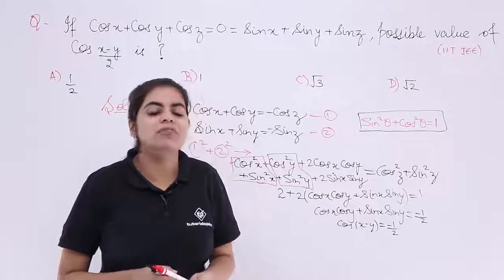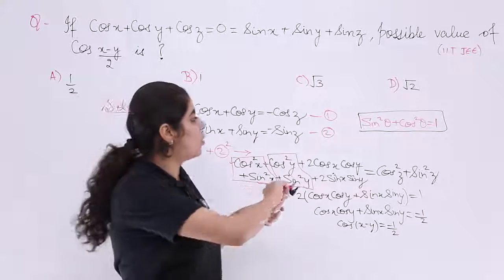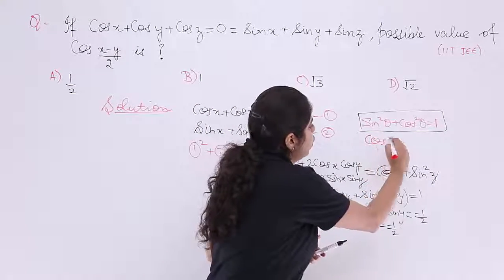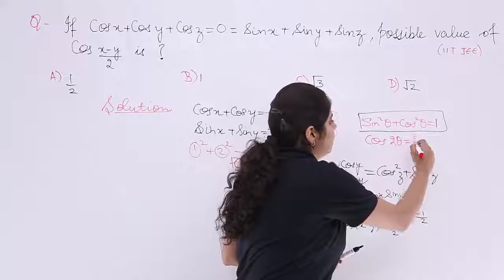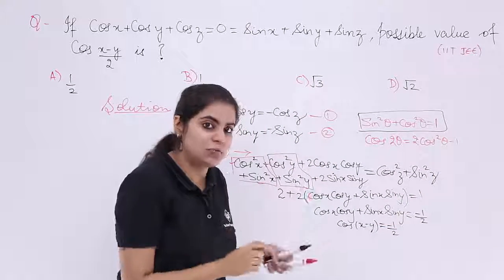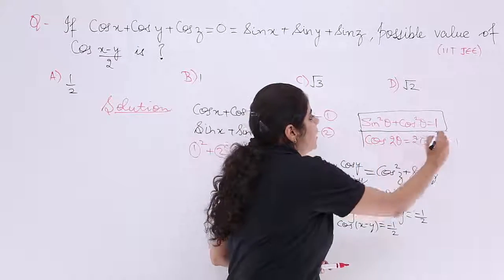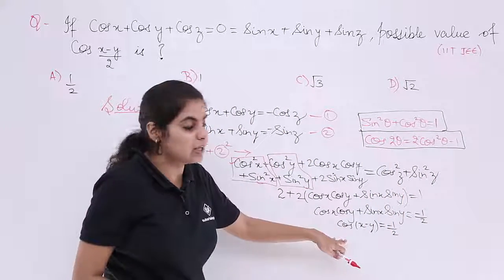So that means we need a half angle formula. And what is the formula of cos 2 theta? Cos 2 theta is equal to 2 cos square theta minus 1. So we will be using this same formula, which is also called the half angle formula for cos, and we will be applying it to the last step that we did.